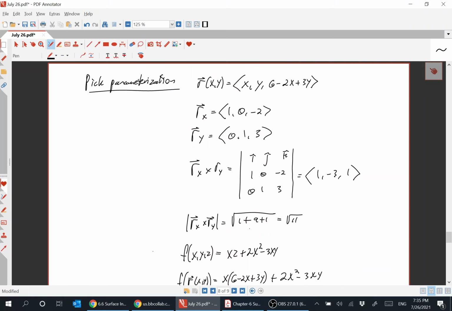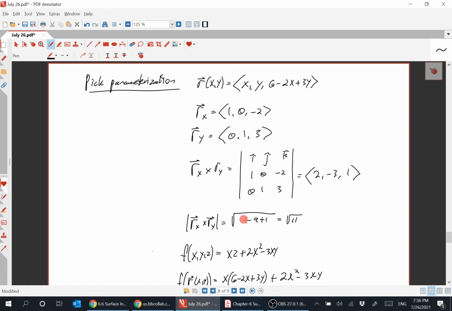So partial derivative of r with respect to x, partial derivative of r with respect to y. Calculate one of these. Oh, this first determinant is 2, not 1.